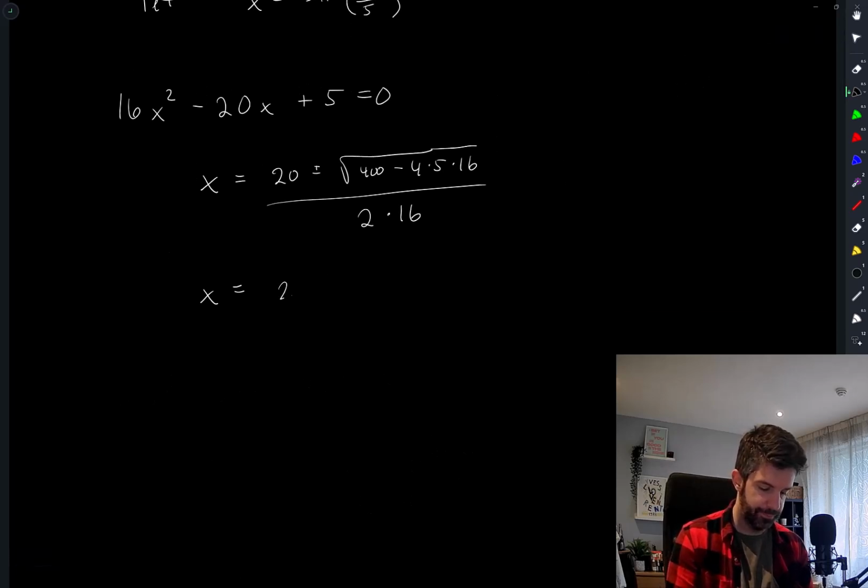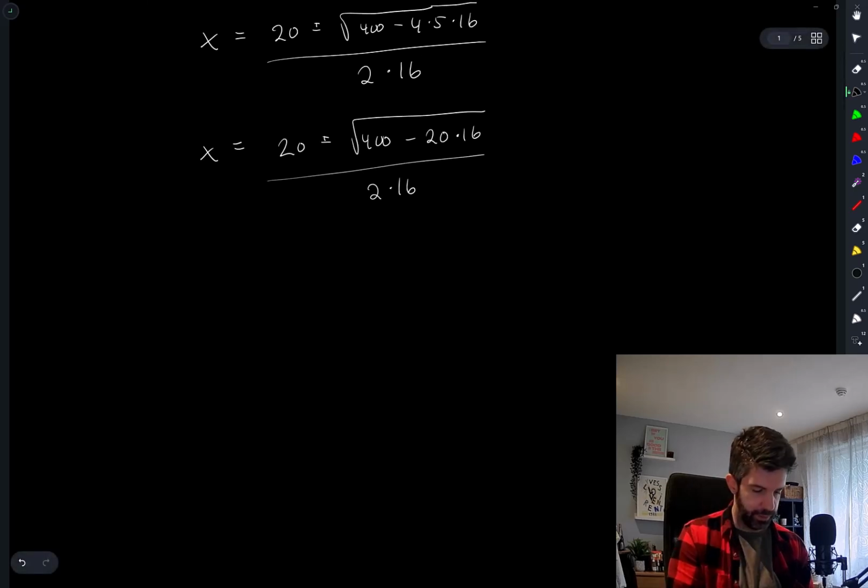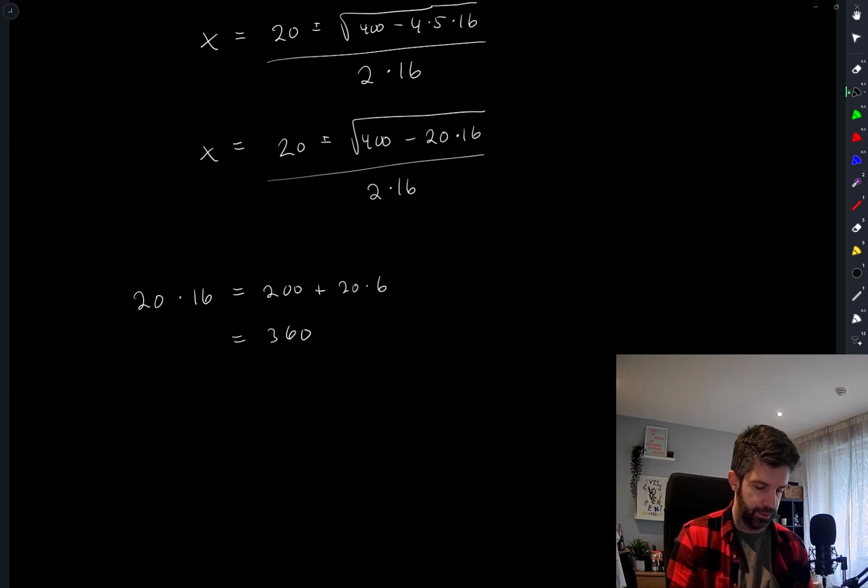Okay, so 20 plus or minus the square root of 400 minus 20 times 16. 20 times 16, that's 200 plus 20 times 6, so that's 360.